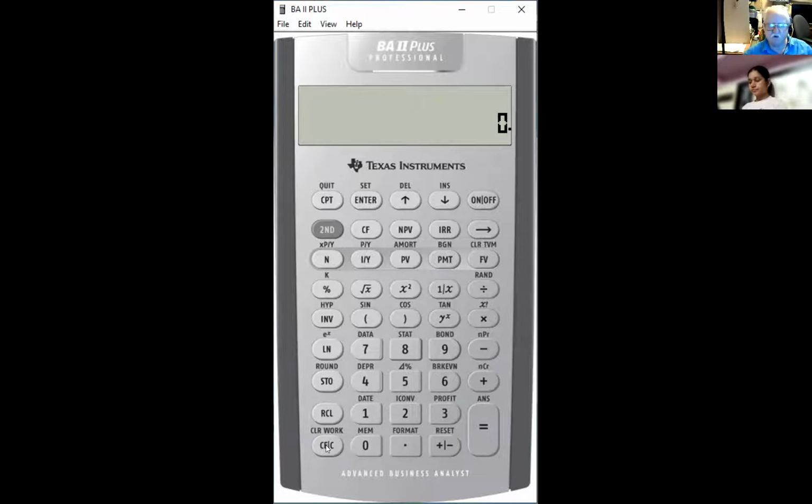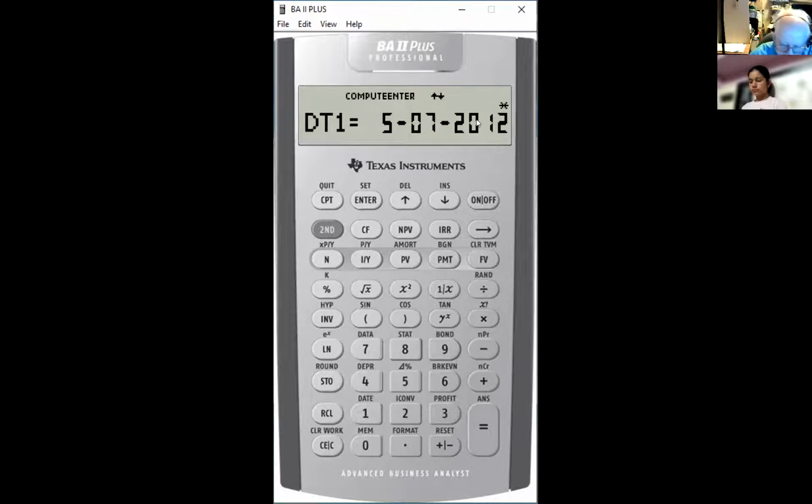When we're trying to find days between dates on the calculator, the second function of the number 1 button down here is the date function. So I'm going to go second and date. It says DT1, which is date 1, and it has in there the last date that I must have used for calculating. The format here always has to be months, days, and years.